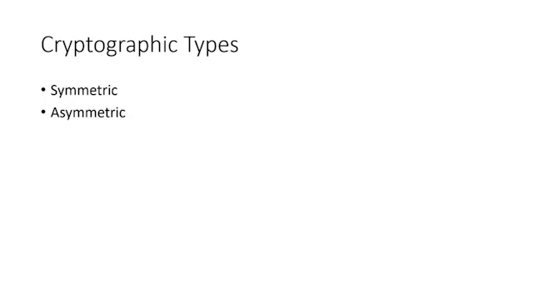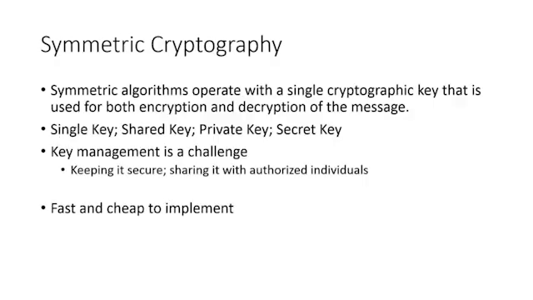Now, the cryptographic types that we need to be aware of, symmetric and asymmetric, are a couple ones we need to talk about real quick here. Now, symmetric cryptography, all right, if you think of symmetric, it kind of sounds like same, right? Symmetric, same. These operate with a single cryptographic key.